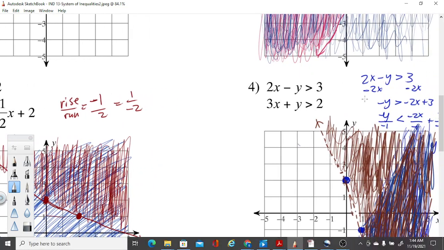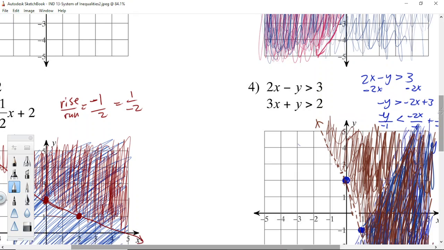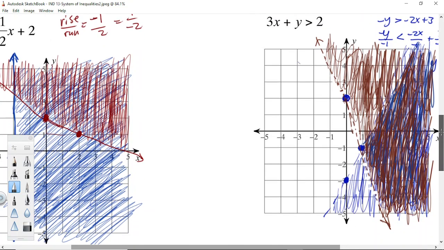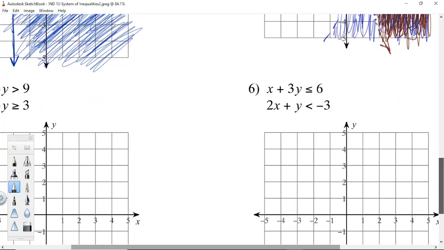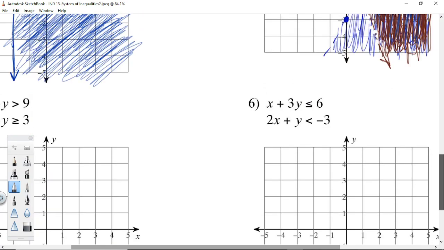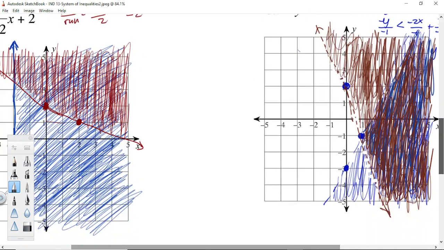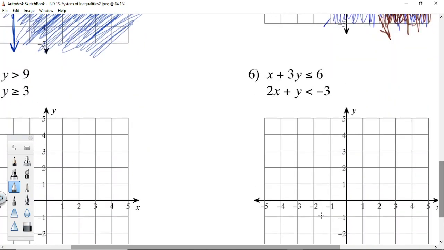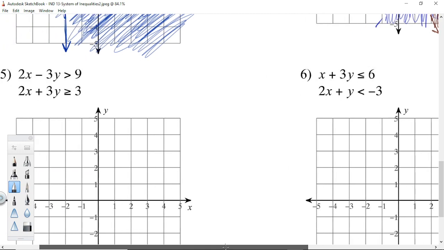So I think that's pretty good. Yeah, I don't think there's anything we need to look at in the rest of these examples.